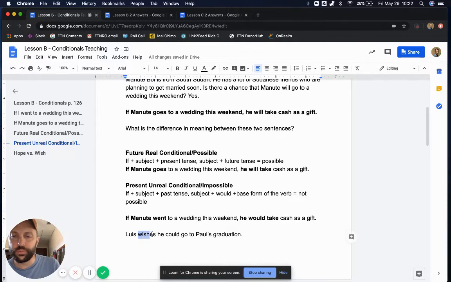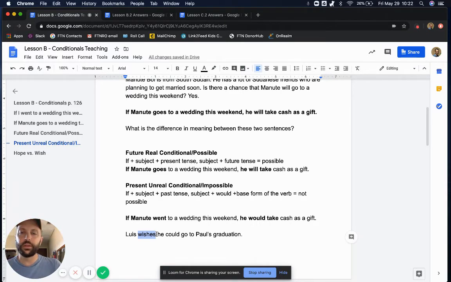Luis, notice this is present tense, okay? And this is something, if you look in your book in the examples at the top, you'll see that something that is not possible, you can use the present tense, okay?